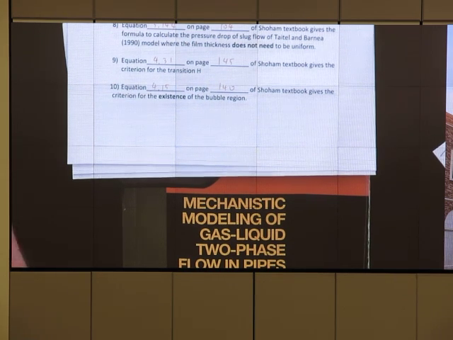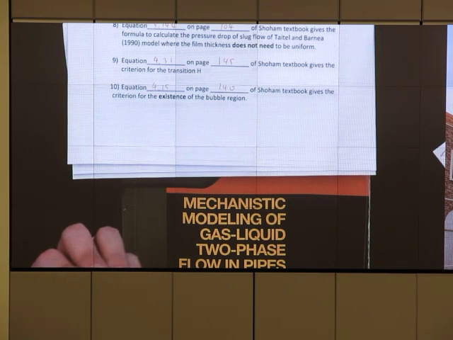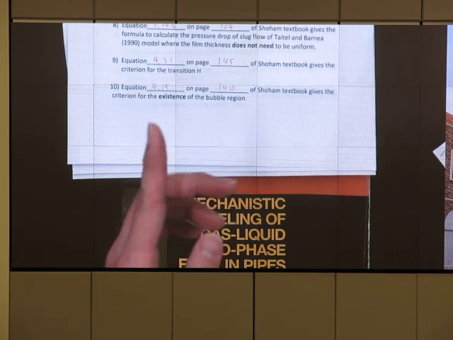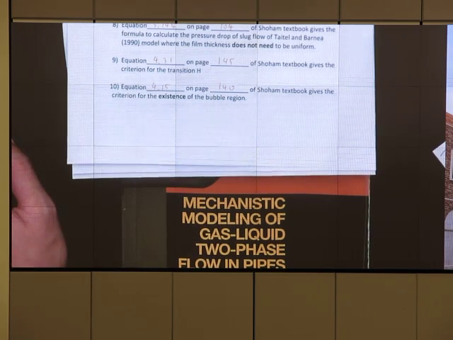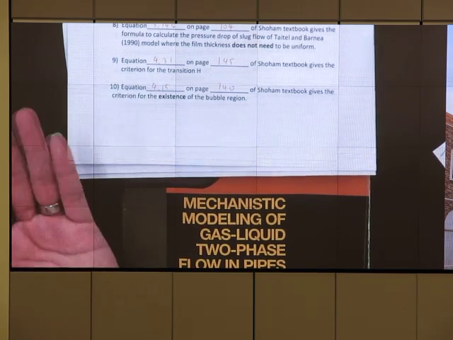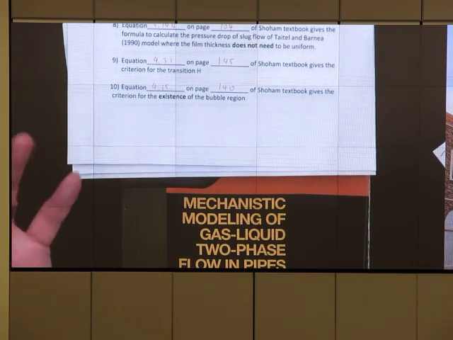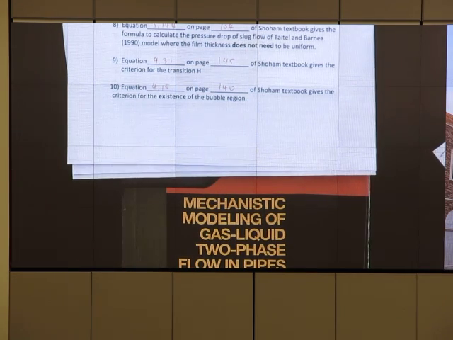When the Taylor bubble rises slowly, it blocks the pipe. Any bubble coalesces with the Taylor bubble, and the Taylor bubble gets bigger and bigger, right?